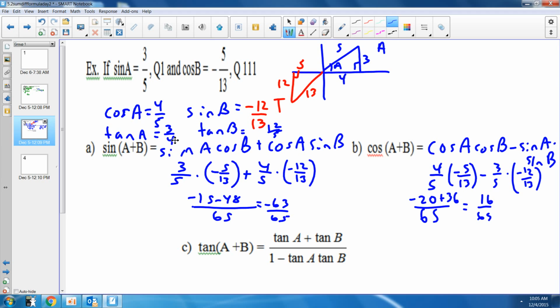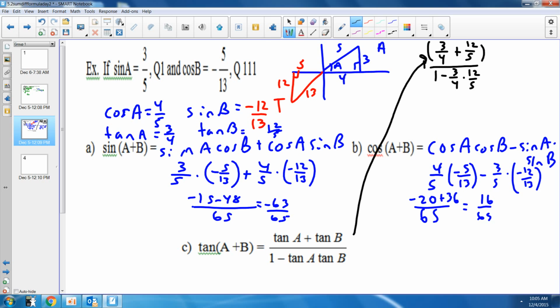Tangents. Let's go ahead and bring that one up here. All right, so that's going to be tangent A, which is 3/4, plus tangent B, which is 12/5, over 1 minus 3/4 times 12/5. Now, on this, you have fractions within fractions. We've seen that a few times already. You want to clear out those fractions. You multiply the top and bottom by the common denominator.